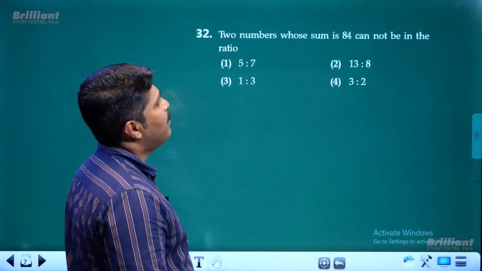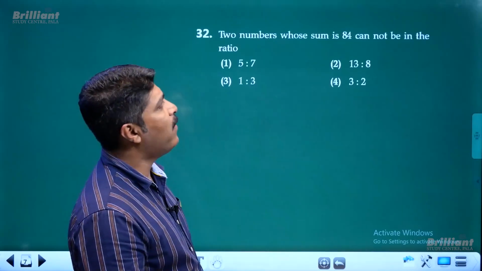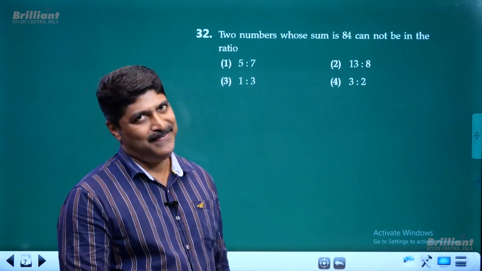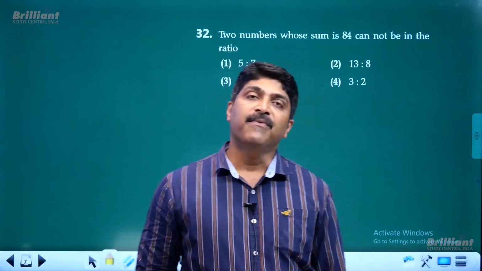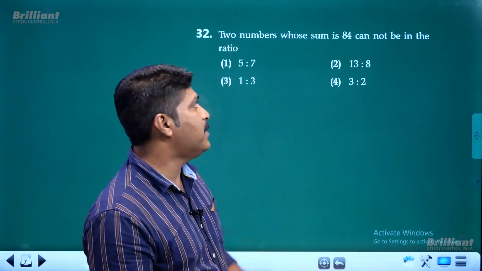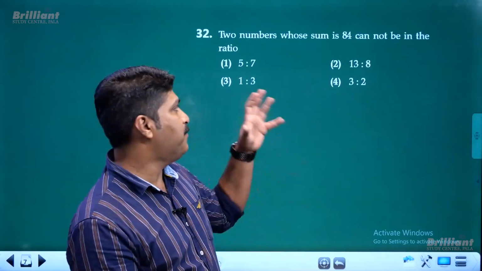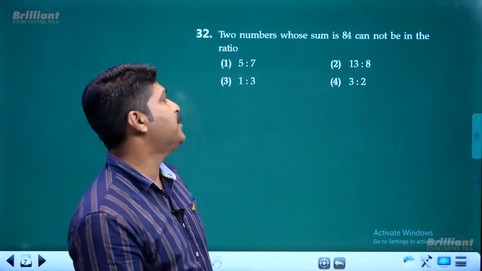Another question: two numbers whose sum is 84 cannot be in the ratio. That's a very basic concept of ratio. If we want to distribute this 84 into any of these ratios, there is a simple condition.